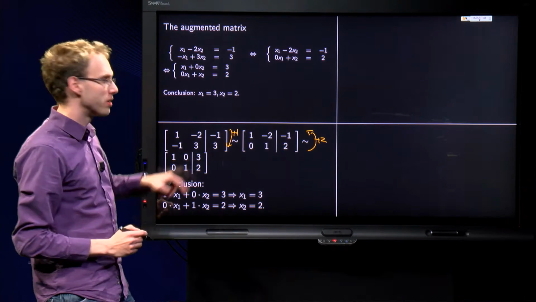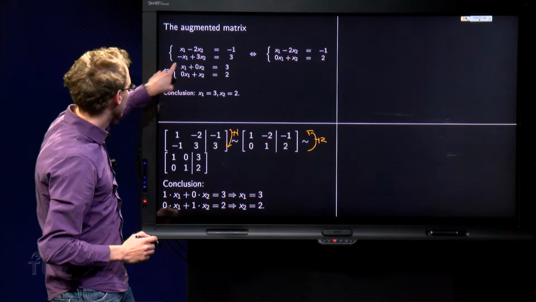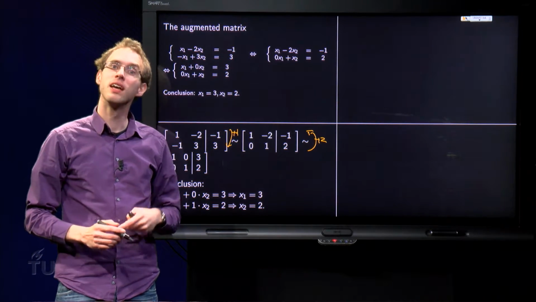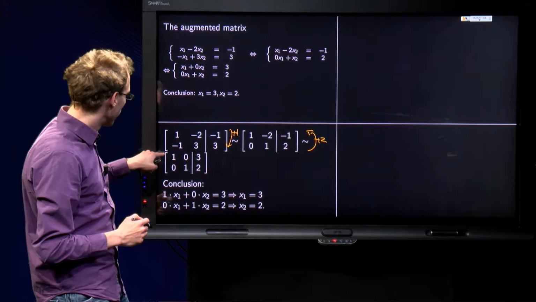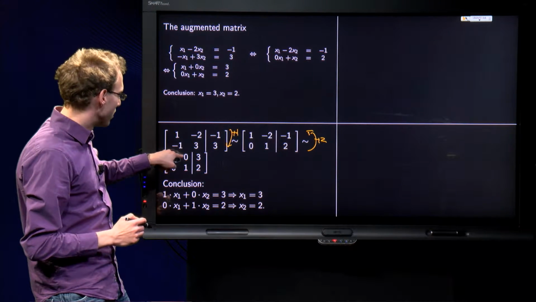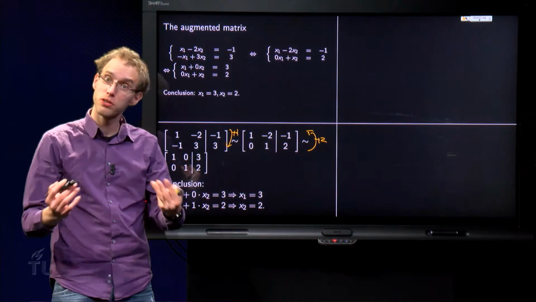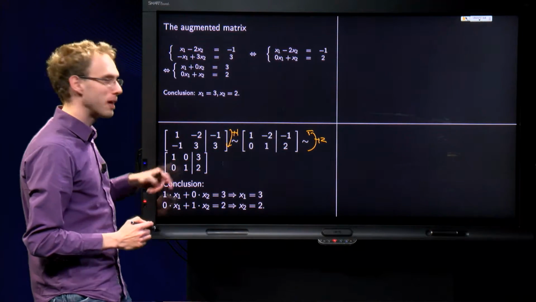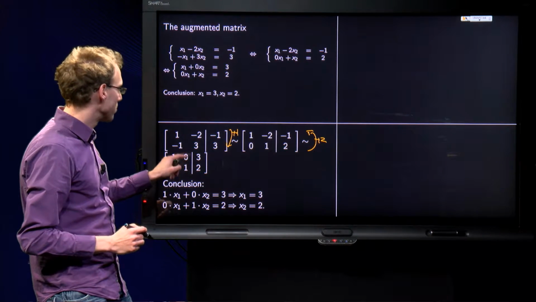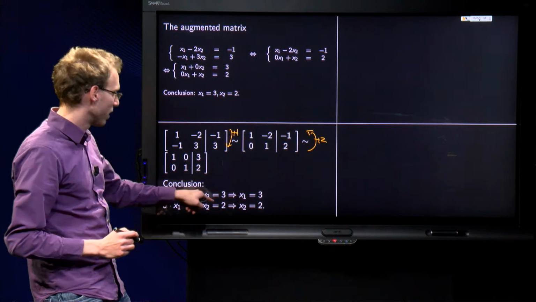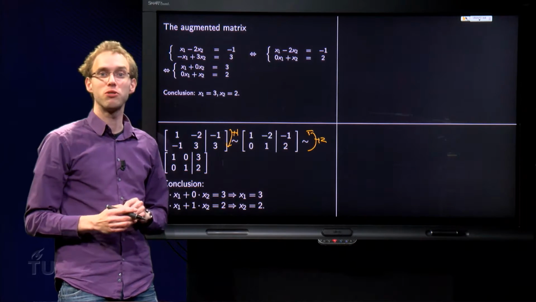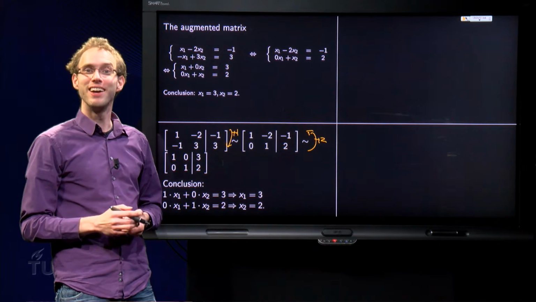And we get this augmented matrix over here corresponding to this system over here. And then we can translate back. We have 1 times x1 plus 0 times x2 equals 3 over here. So x1 equals 3. And 0 times x1 plus 1 times x2 equals 2 over here. So we get x2 equals 2. Oh, that's fun. Let's do another example.